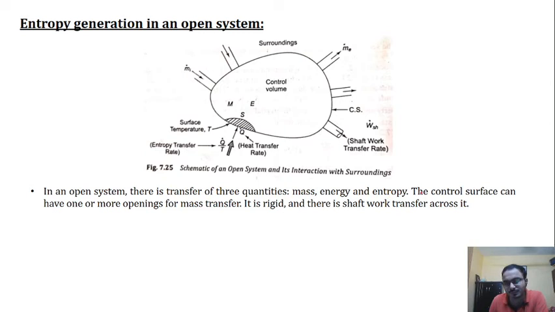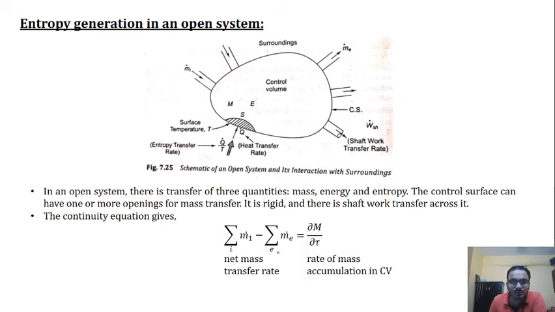Now the control surface can have one or more openings for mass transfer, as you can see in this figure. It is rigid, and there is a shaft work transfer across it.